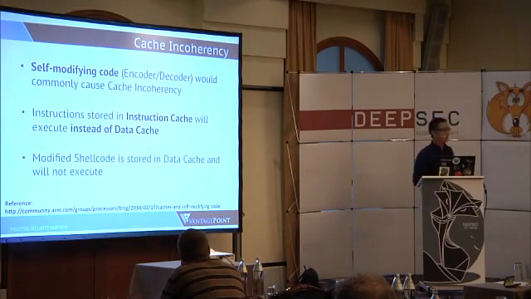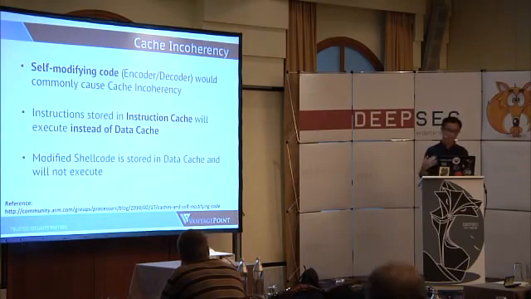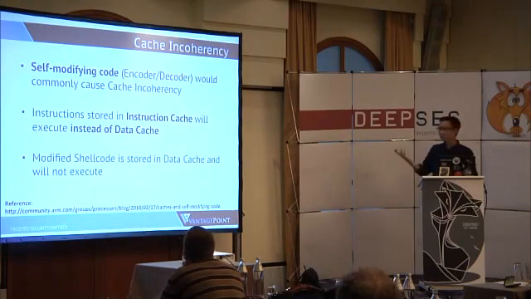In self-modifying code, you're modifying code on the fly, and when you modify code, it will cause a cache coherence problem. And as I said again, instructions stored in the instruction cache will always execute instead of the data cache. So when you modify the shellcode in the data cache, you will have the cache coherence problem.